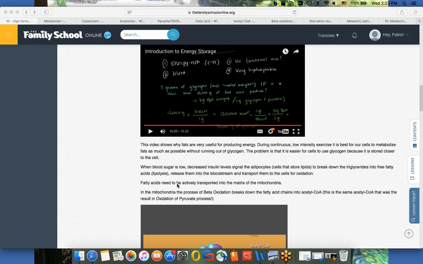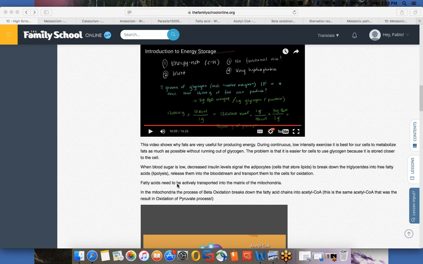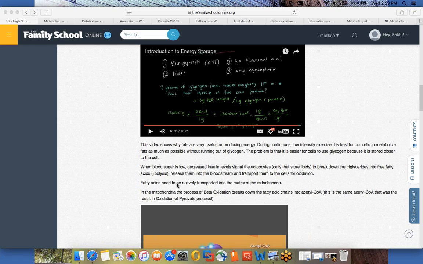So active transport means that, do you remember, Anna, how in some parts of the cell membrane there were little proteins embedded into the membrane? Those proteins were specifically designed to bring things in or out of the cell.